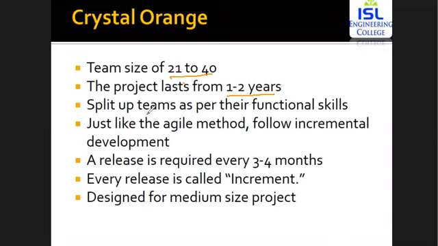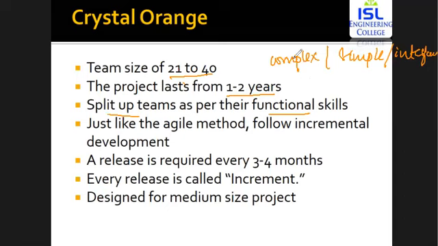Now in here, as the project is long, you're going to split up teams as per the functional skills. That is, based upon the requirements of the project, you're going to have some complex operations, you might have some simple operations, you might have work on different interfaces.